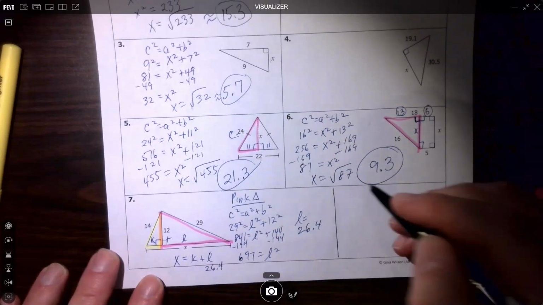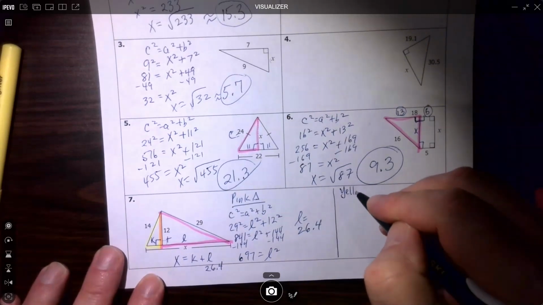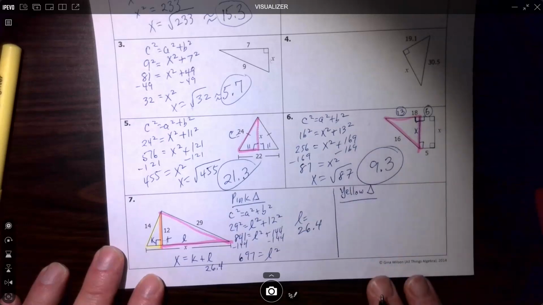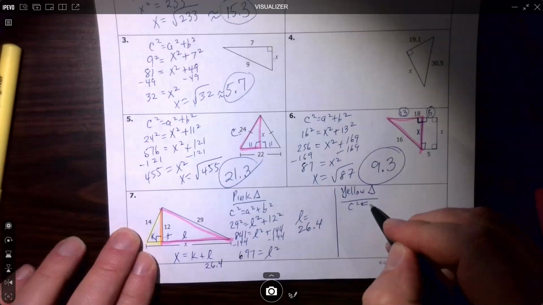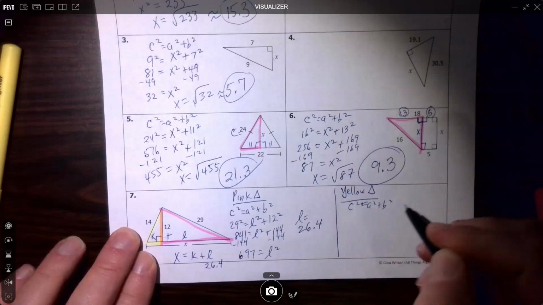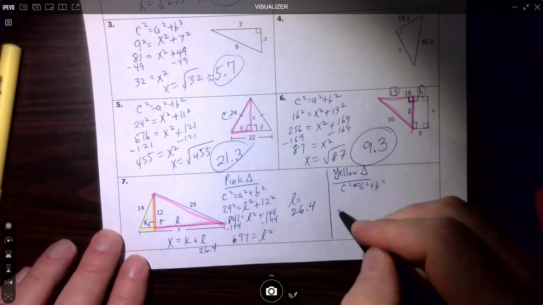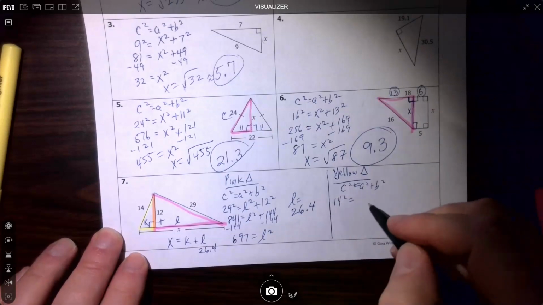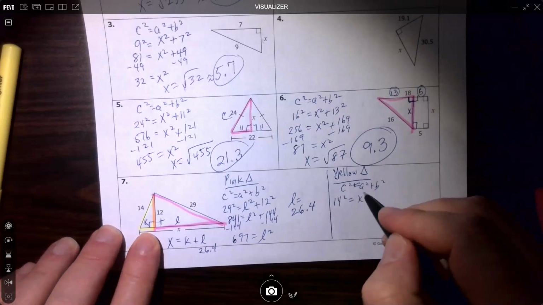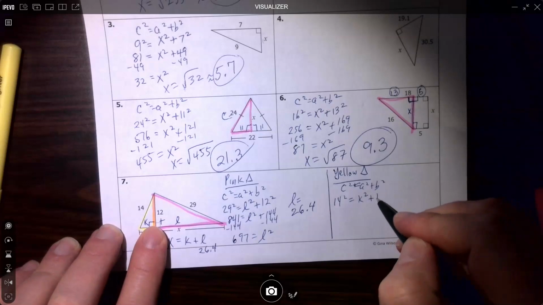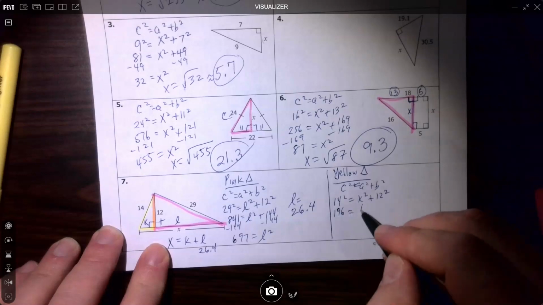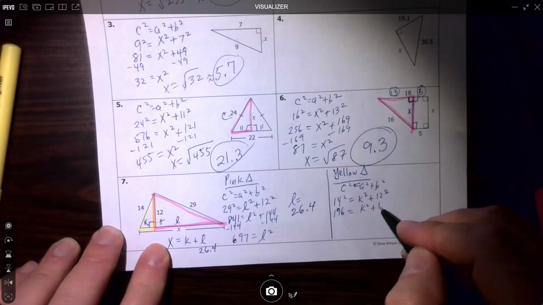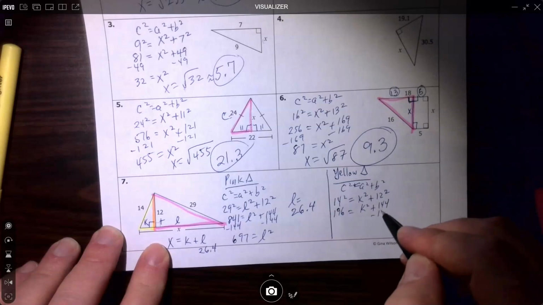Now I have to go and do the yellow triangle. c squared equals a squared plus b squared. c squared is 14 squared equals a squared, which is my k, plus b squared, which is again 12 squared. 14 squared is 196. k squared, leave it alone. 12 squared is 144.